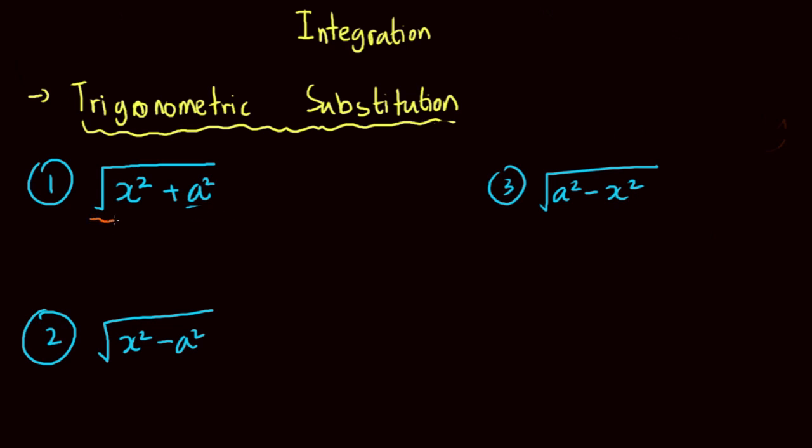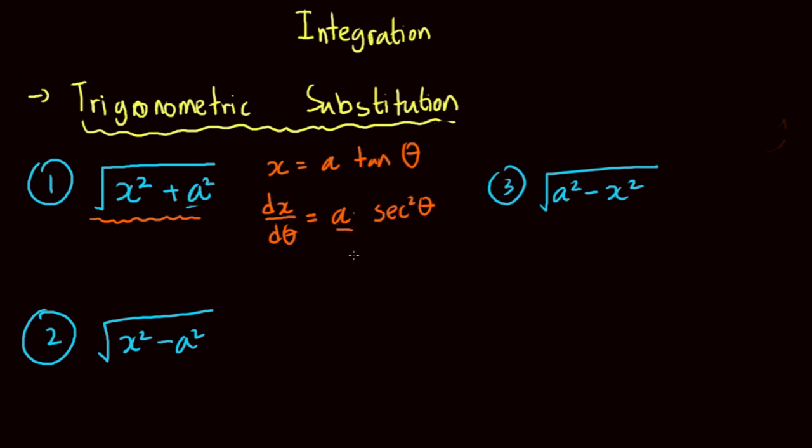If you see your integral having the first form, what you could do is take x equivalent to a tan theta, a tangent of theta. And of course, dx d theta, when you differentiate tan theta, you basically get sec squared theta. a is just a constant, by the way.